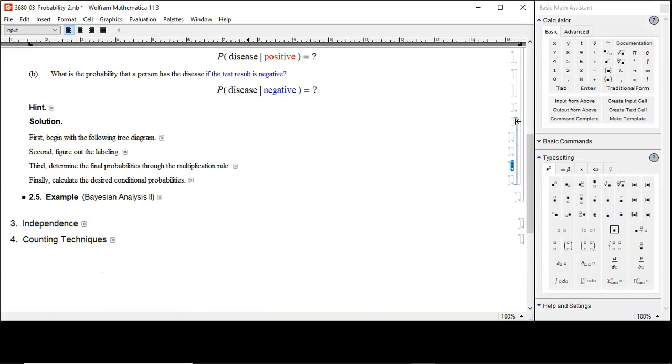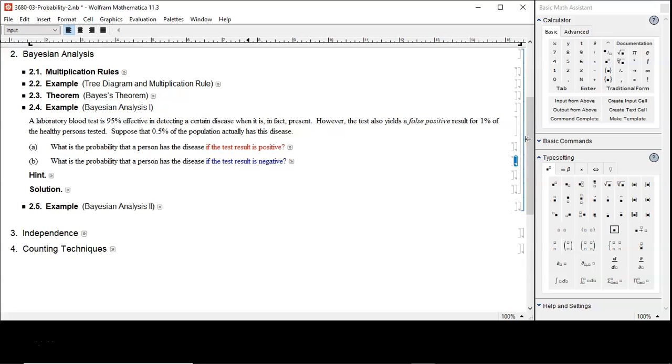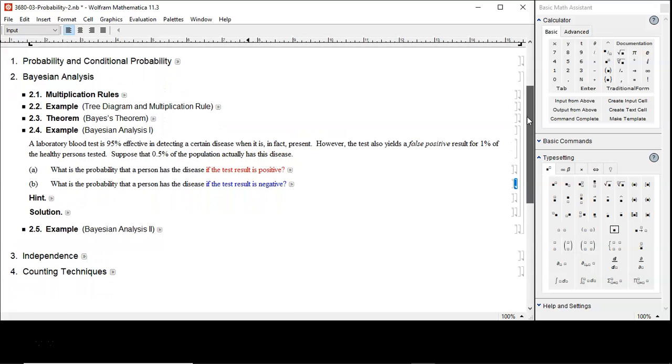Anyway, this kind of thing is an application of Bayesian analysis. This was a healthcare example, but there are many, many other examples. One of the most important applications of Bayesian analysis is artificial intelligence. Basically, you take a winning strategy, and that becomes a condition, and then you have to consider all kinds of conditional probabilities out there, and based upon those, you select the next strategy, and then even more conditional probabilities are concerned, and then the next, and then the next.